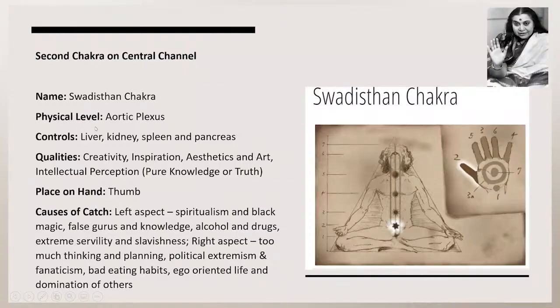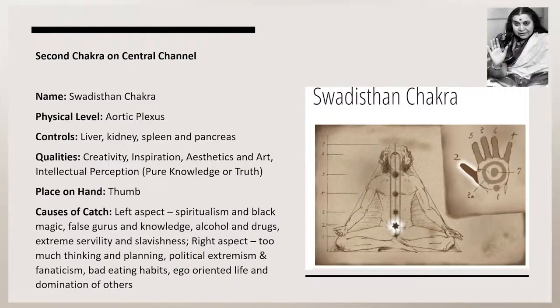So the second energy center, if you don't remember the name, that's not a problem, but let's talk a little bit about it. As you see in the diagram, the thumb represents the Swadhisthana Chakra, the second energy center. On the physical level, it is called the aortic plexus, and it controls various organs of our body, which include liver, kidney, spleen, and pancreas.